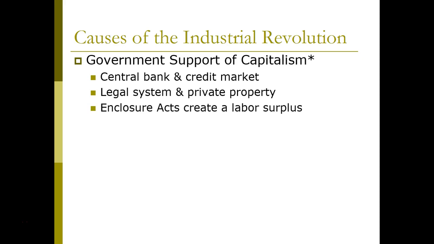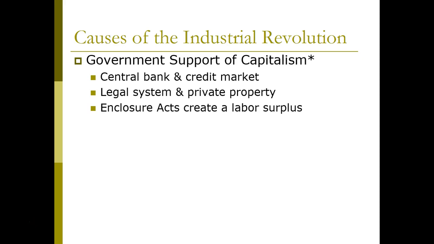And finally, a policy that is passed through Parliament called the Enclosure Acts has several different avenues in terms of creating the conditions for the Industrial Revolution. But one of them right now, and I'll get into what exactly the Enclosure Acts are in a moment, is that the Enclosure Acts take what had been communal land that anybody could use and turn it into private property.